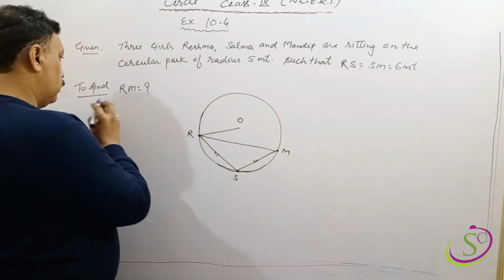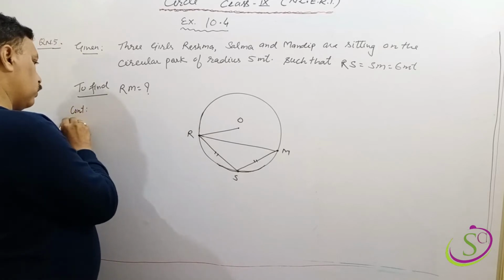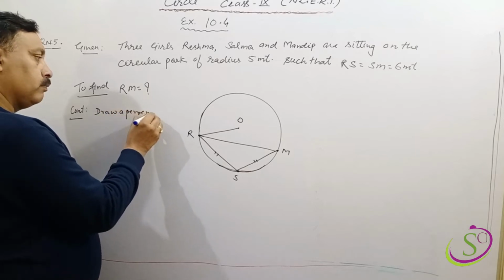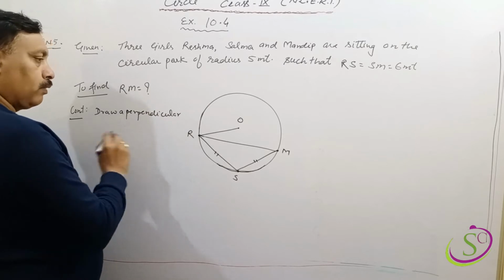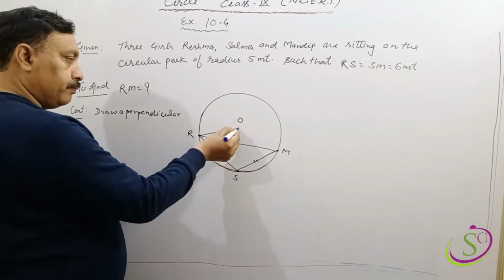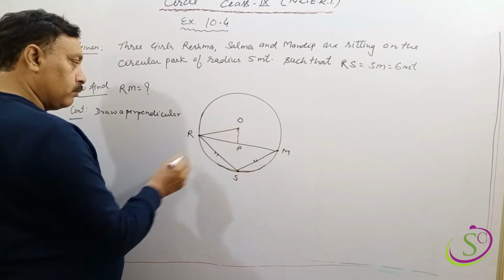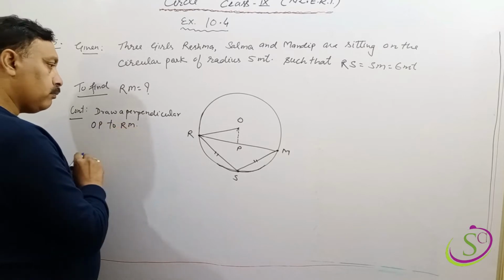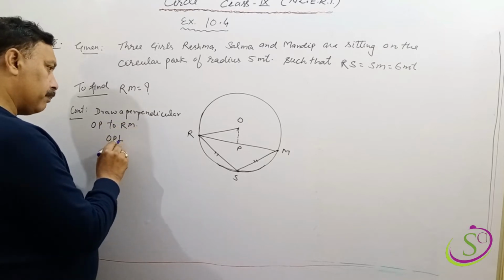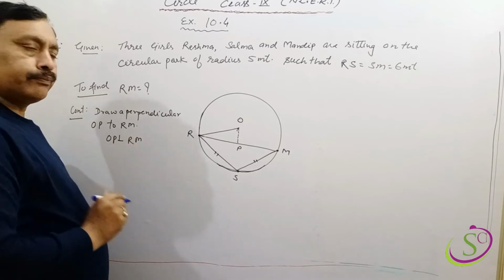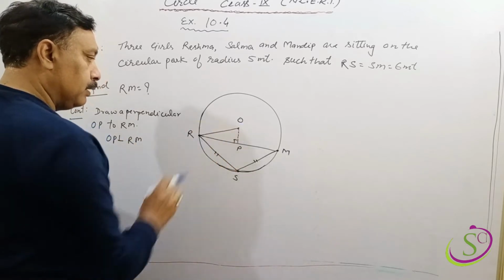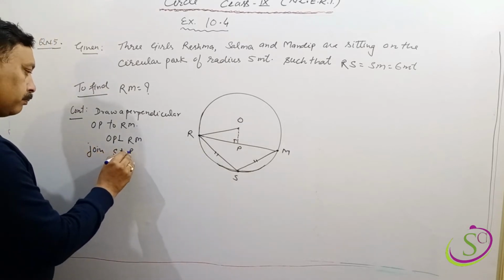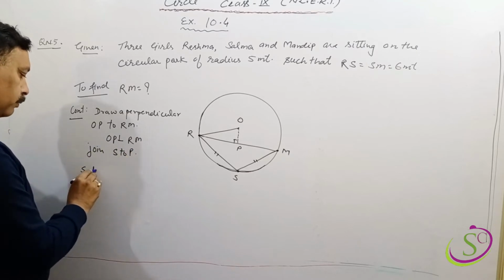Clear? So the construction we have to do: draw a perpendicular OP to RM. Clear? Means OP perpendicular to RM. This angle is of 90 degree. And join S to P. Now solution.